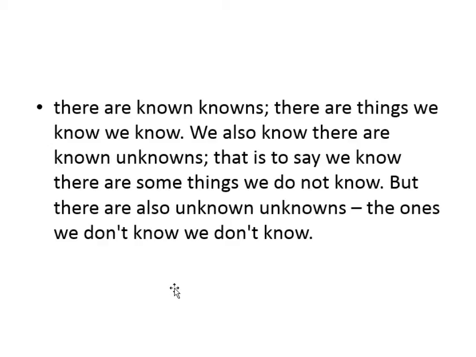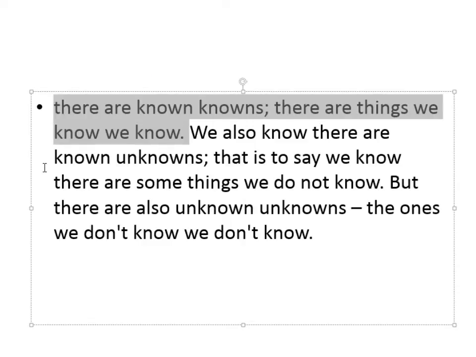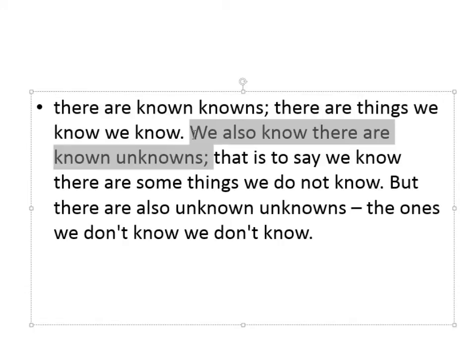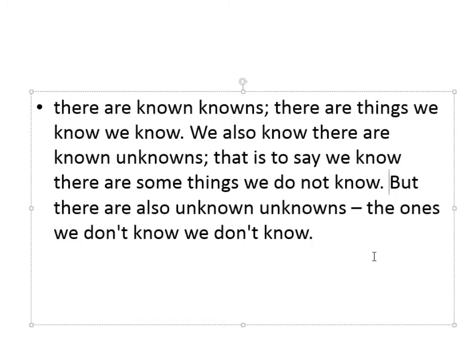So in terms of risks, I suppose this one is the quantifiable risk. You know what the impact would be if it does happen. Here it's more unquantifiable, so there's a risk of it happening, but you don't know how bad it's going to be. And then here there are also unknown unknowns, the ones we don't know.